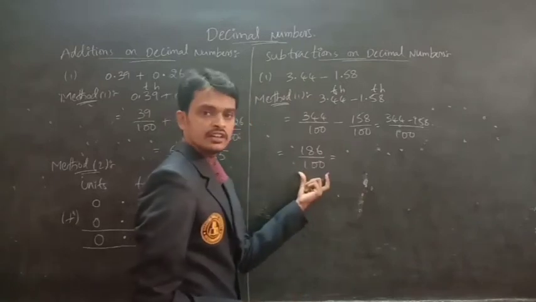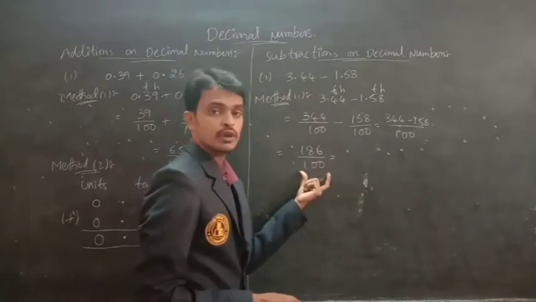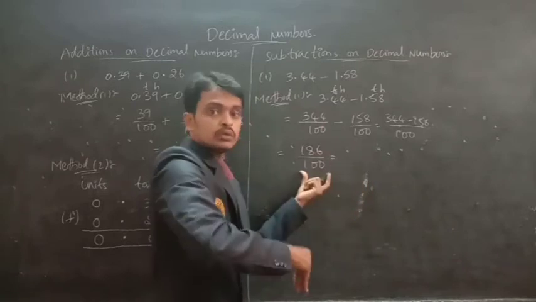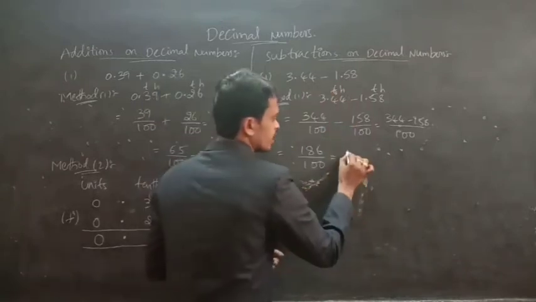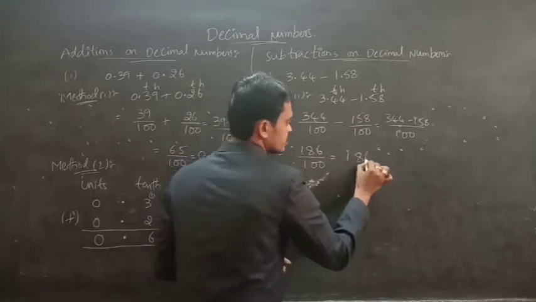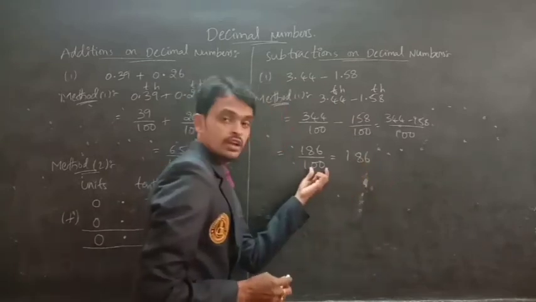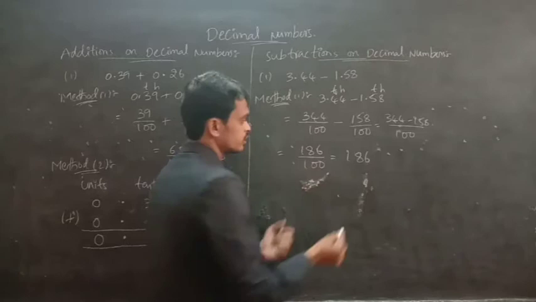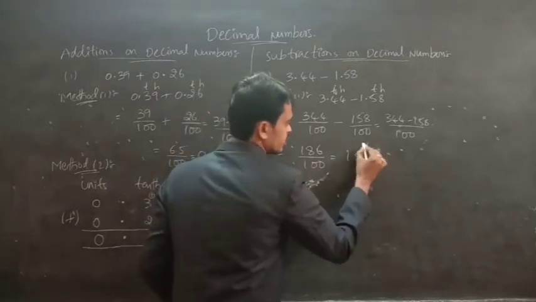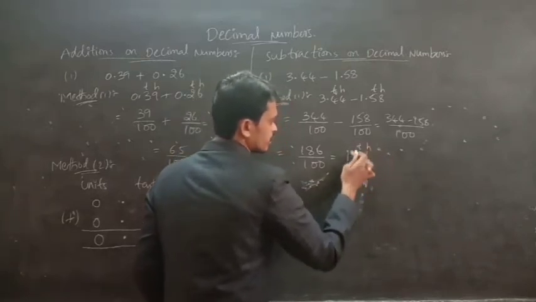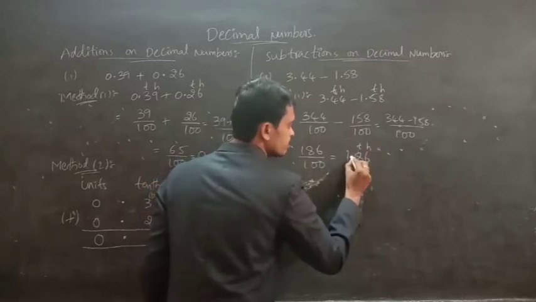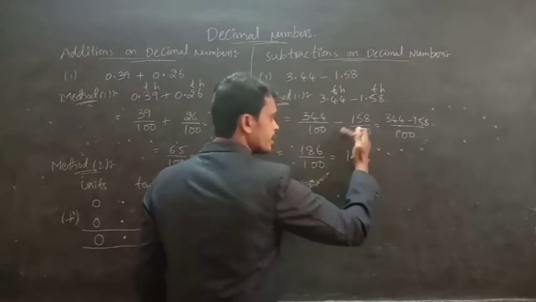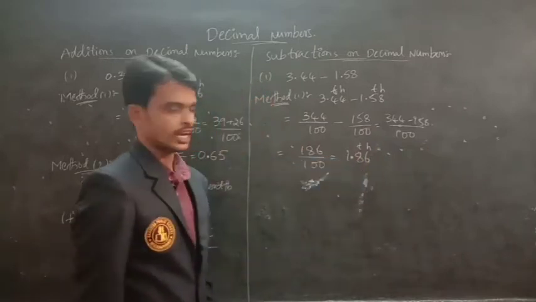By 100 means we keep the decimal point after two numbers from right side to left side. So 186 as it is, this is the hundredth place and this is the tenth place, and after two numbers we place the decimal point.